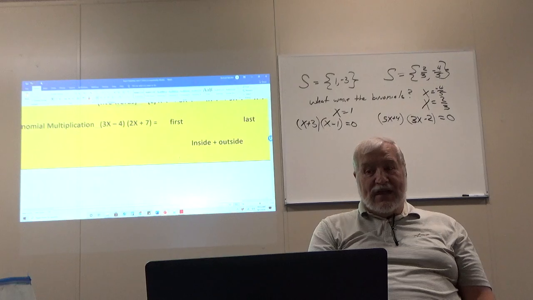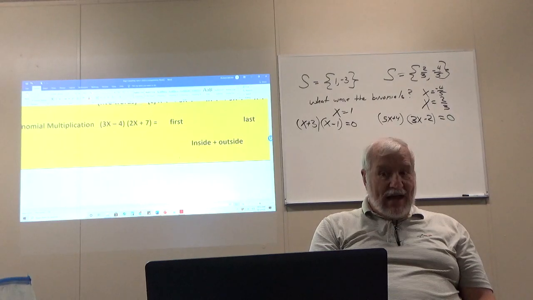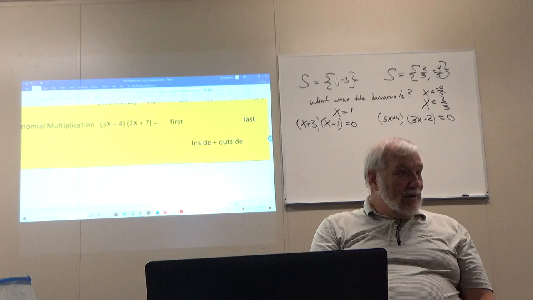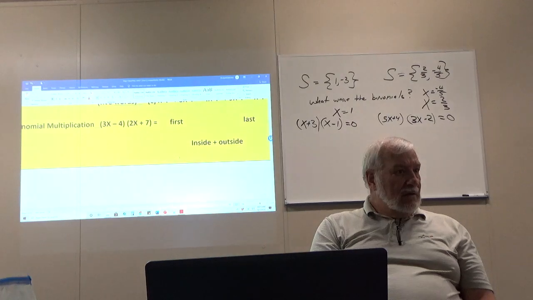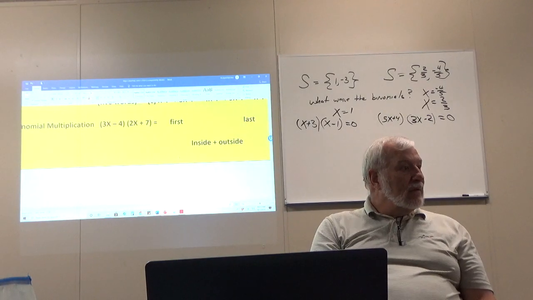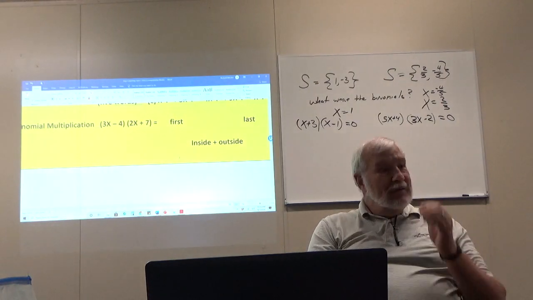All right, you'll write those down. The inside and outside have to be added together. So the inside is negative 8x, and the outside is positive 21. And so that's going to be 13x. I don't have my calculator with me, so it's 13x.